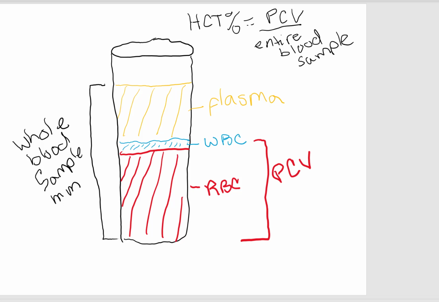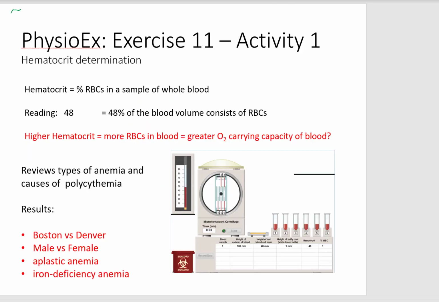So it is a division problem. In activity 1, you were measuring hematocrit, doing this division problem. And we were looking at a few patients.